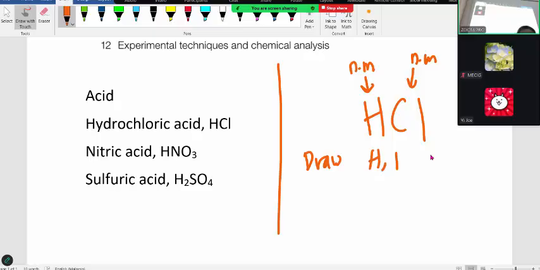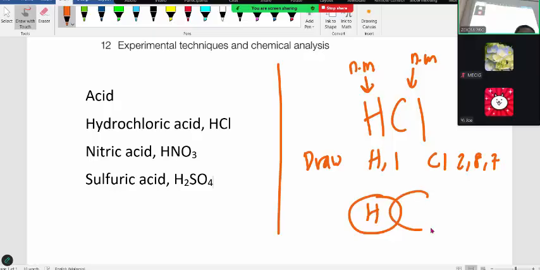Chlorine has 17 electrons, 2,8,7, so 7 valence electrons. So it's like this, hydrogen chloride.